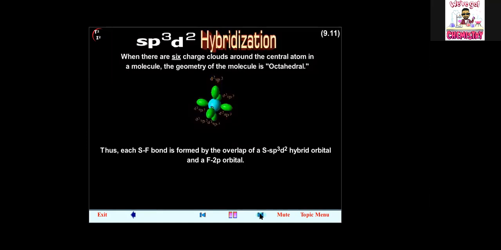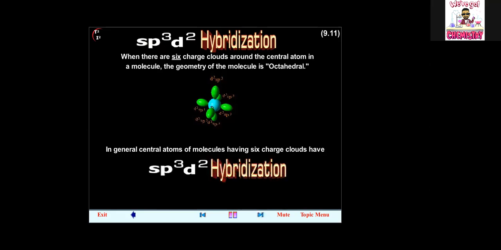Thus, each sulfur-fluorine bond is formed by the overlap of a sulfur sp3d2 hybrid orbital and a fluorine 2p orbital. In general, central atoms of molecules having 6 charge clouds have sp3d2 hybridization.